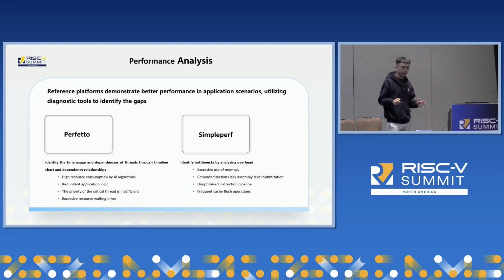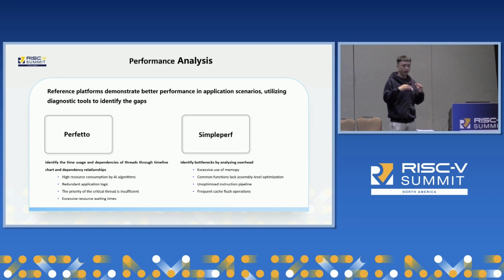Then you get into another part of productization, performance analysis. In AOSP, we have very famous tools. The first one is Perfetto. Perfetto is a graphical tool, and it can identify the usage and dependency of threads through a timeline chart and dependency relationships. You can find out what's happening in your internal ecosystem.